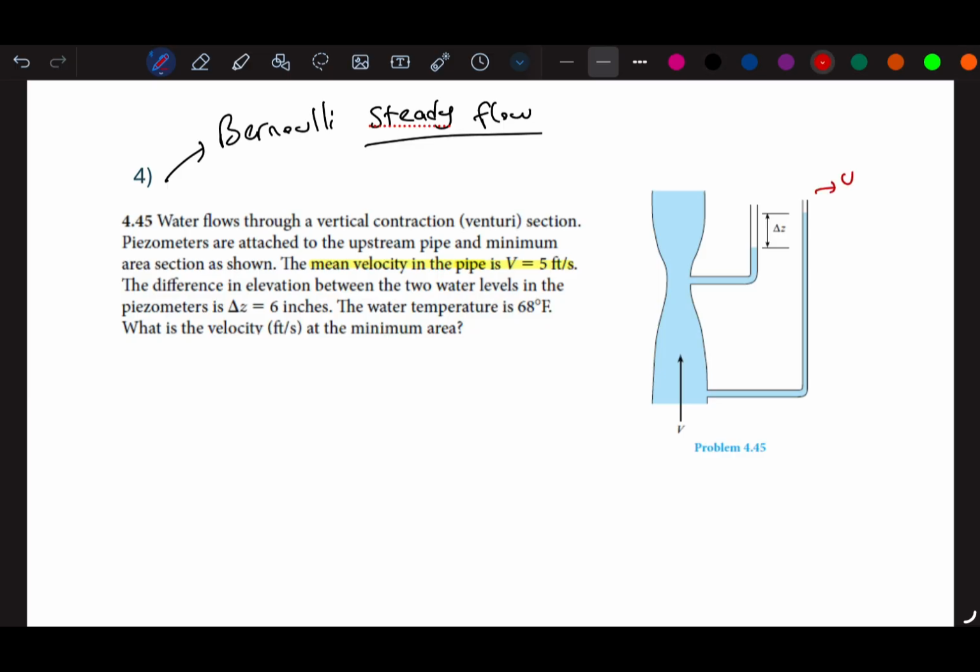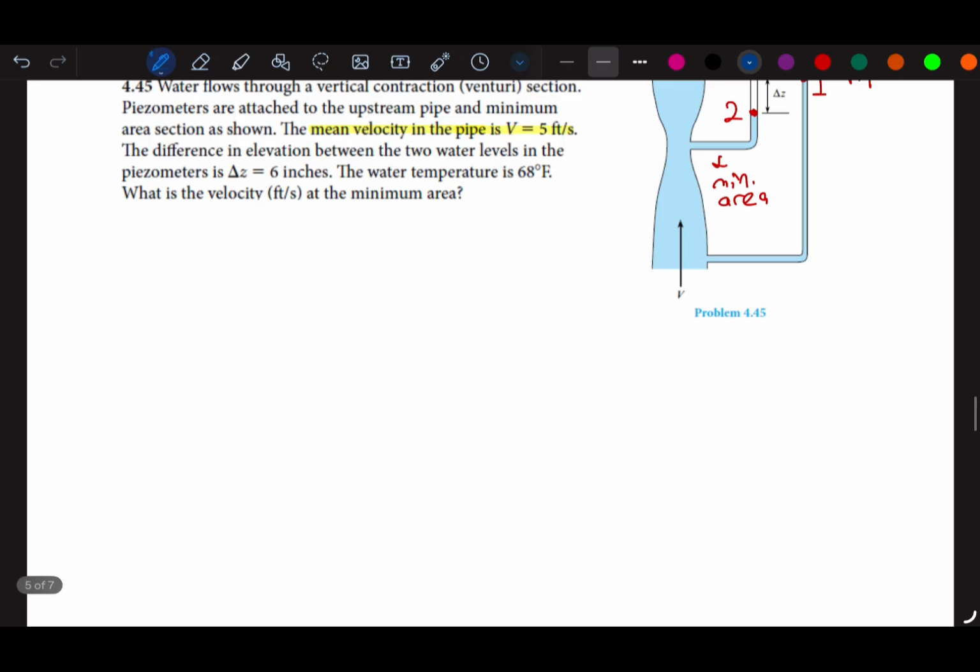And this was the upstream pipe, and this was the minimum area. So let me call this surface 2 and this one 1. Here we can write Bernoulli between 1 and 2.